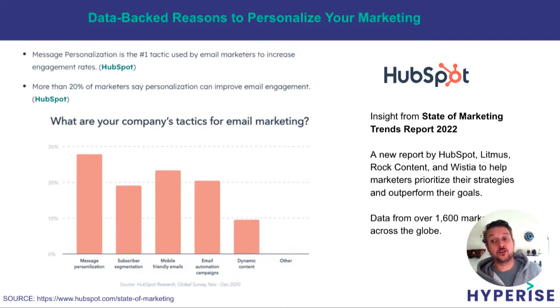The 2022 report pulled data from over 1,600 marketers and agencies across the globe, so fairly representative in terms of data size and results. One of the interesting things that came back was that personalization in messaging was the number one tactic that email marketers were using to increase engagement. So, a significant data pool there, and it's coming out as a number one tactic to use.